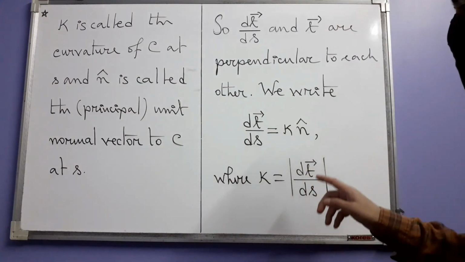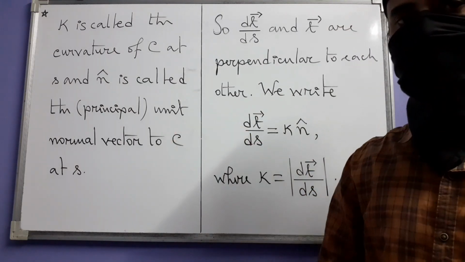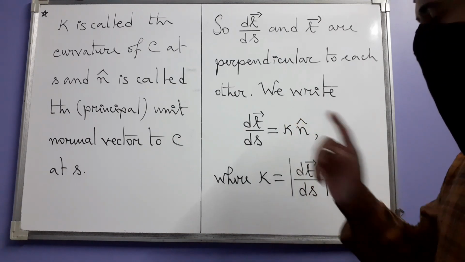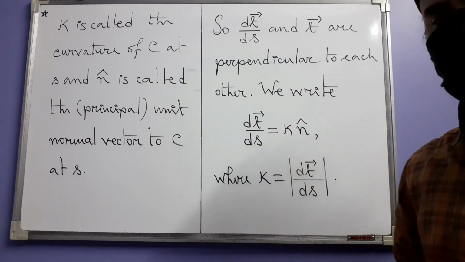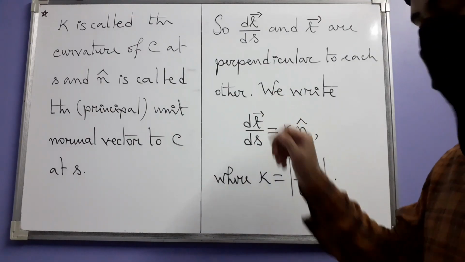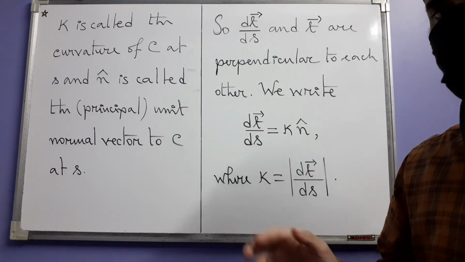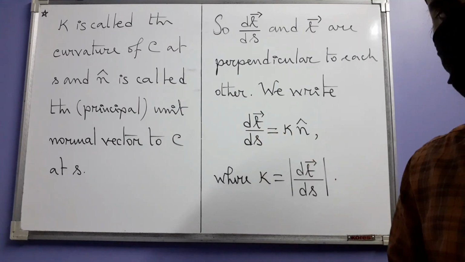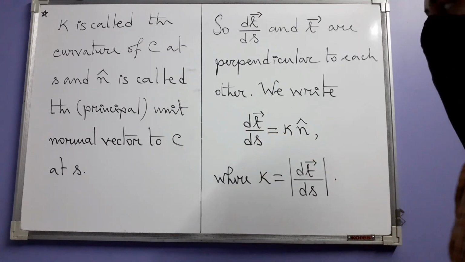Well, it does not look like kappa depends on s, but of course it depends on s. For ease of writing, we dropped s from the notation of T. We simply wrote T with an overhead arrow, but actually it's a function of s. In fact, that's why we are able to differentiate it with respect to s.